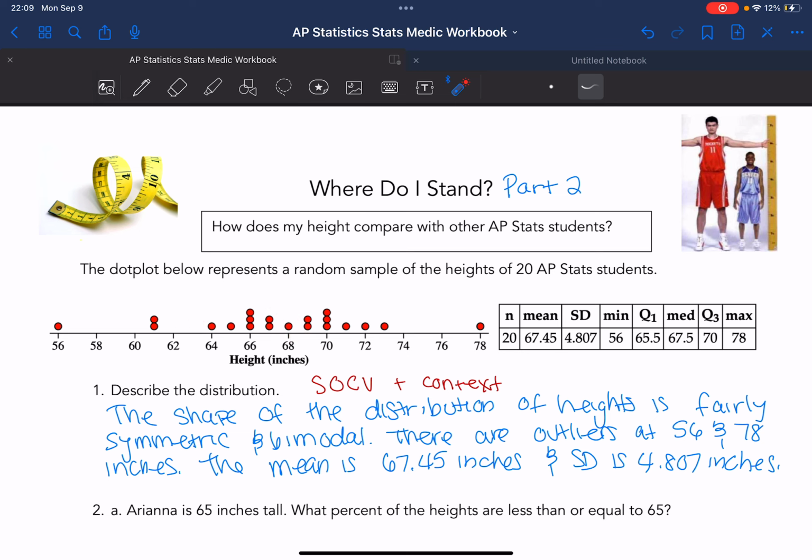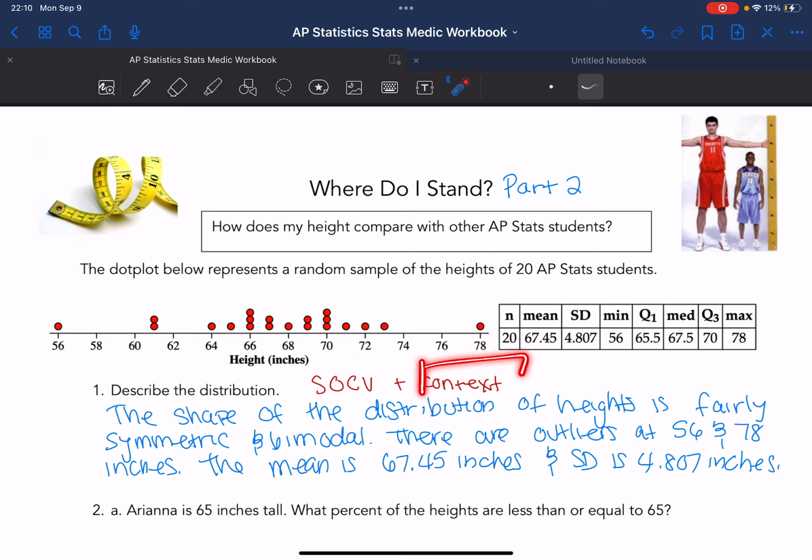Okay. And then let's see our center. Remember, our C is the same as mentioning the mean, and we said the mean is 67.45, which we find here on the table. And then V, our variability, is the same as mentioning our standard deviation, which again we labeled as 4.807, which is again on the table.